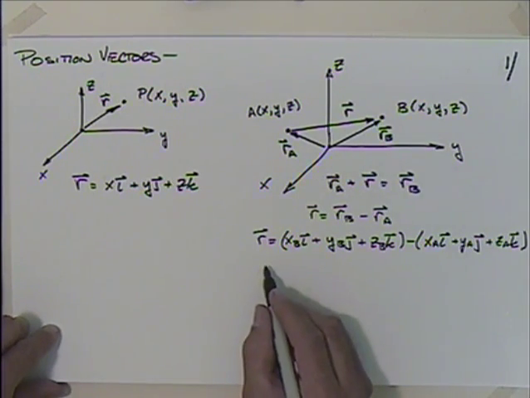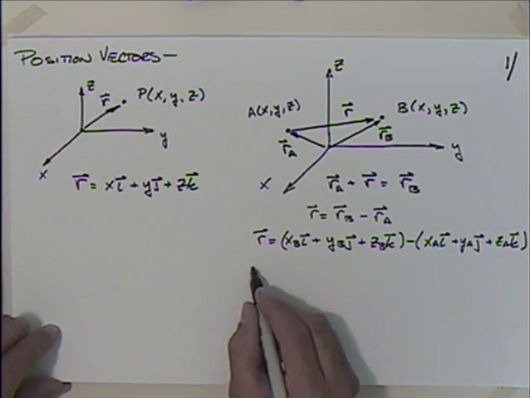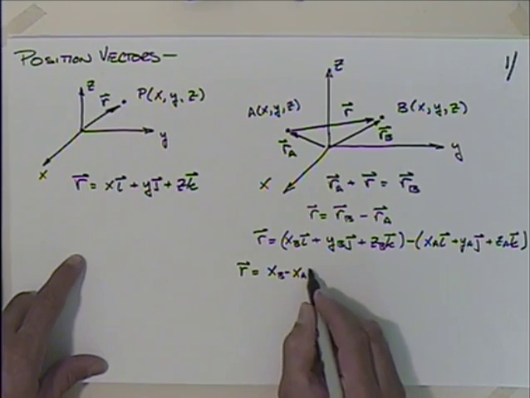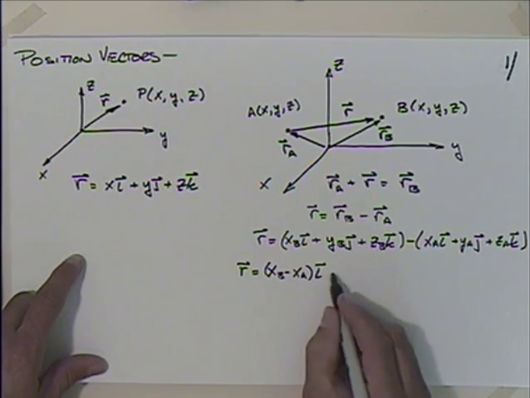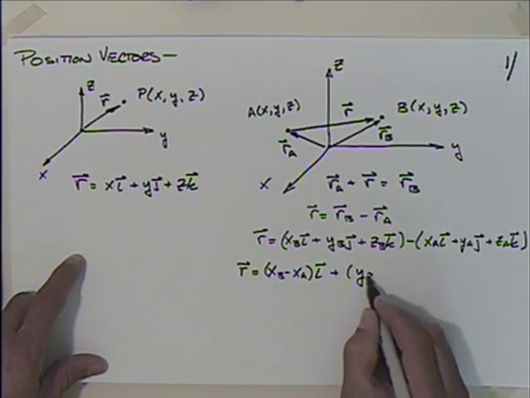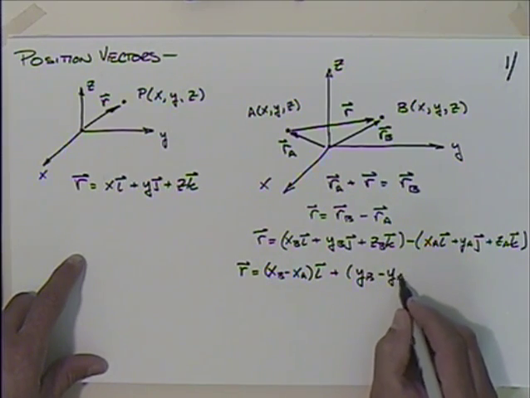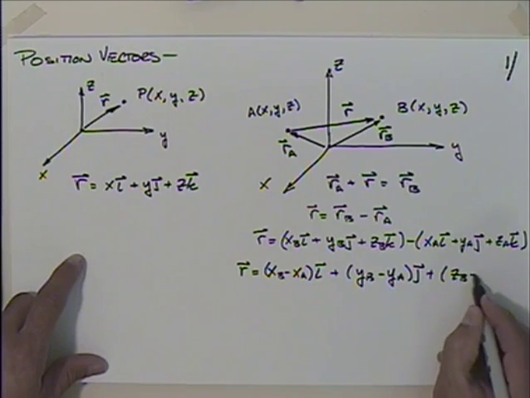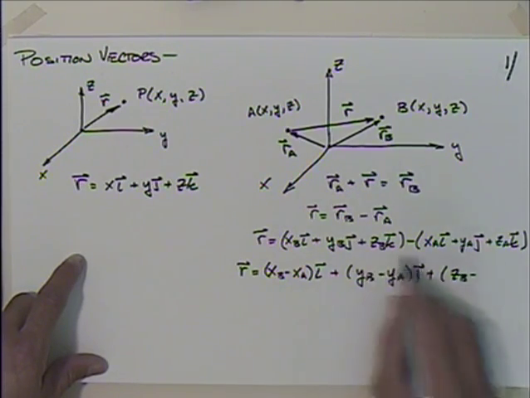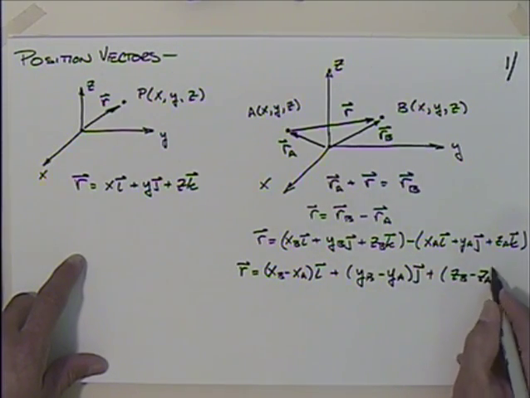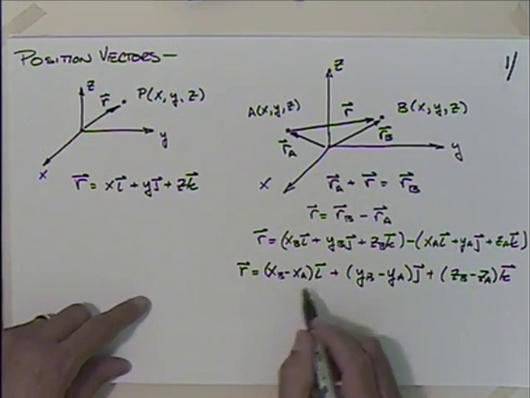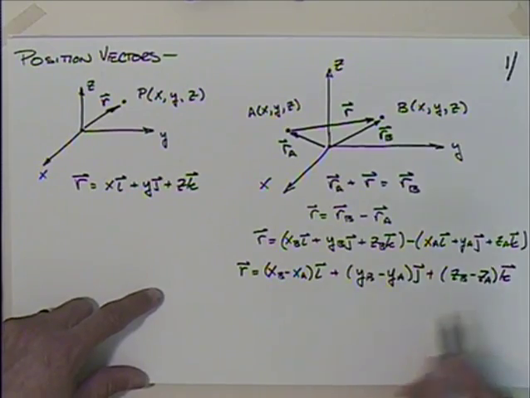So if I go through and group the i's and the j's and k's, I could say that this position vector r is equal to x sub b minus x sub a in the i direction plus y sub b minus y sub a in the j direction plus z sub b minus z sub a in the k direction. And you see then fairly quickly it's the end minus the beginning.